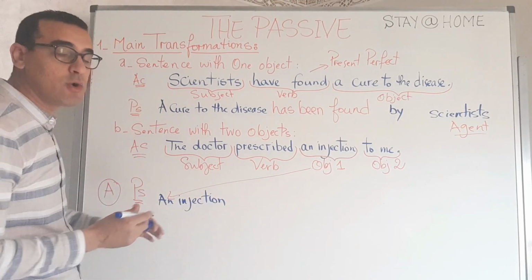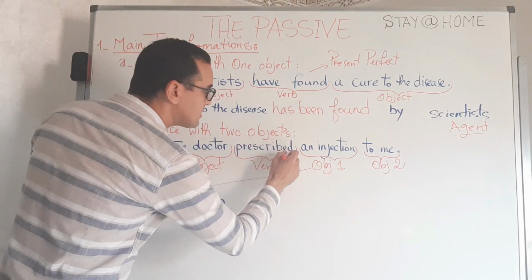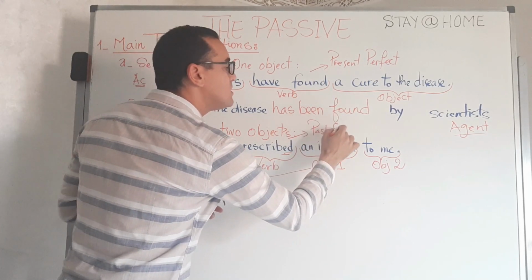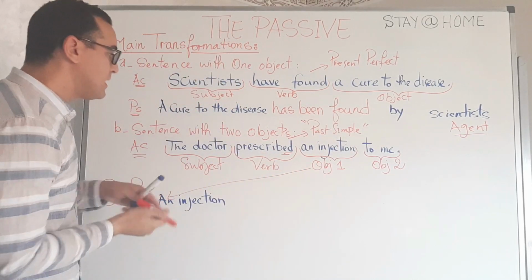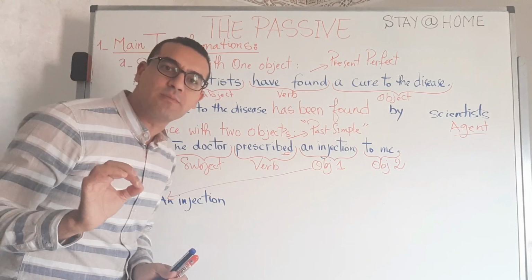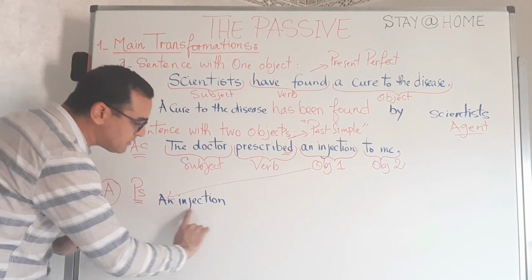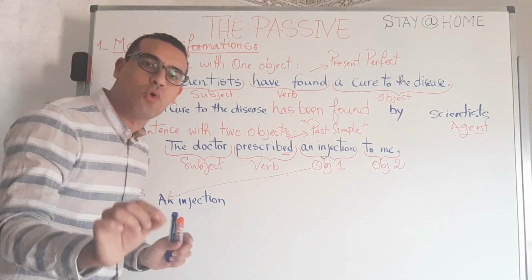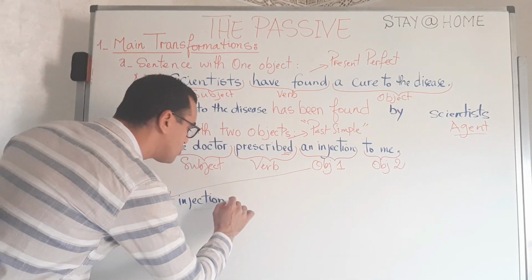Prescribed is in the past, ending with ed, so it's past simple. So we have to put the verb to be in the past simple, and we decide on the basis of whether the subject is singular or plural. An injection is singular, so we're going to use was.